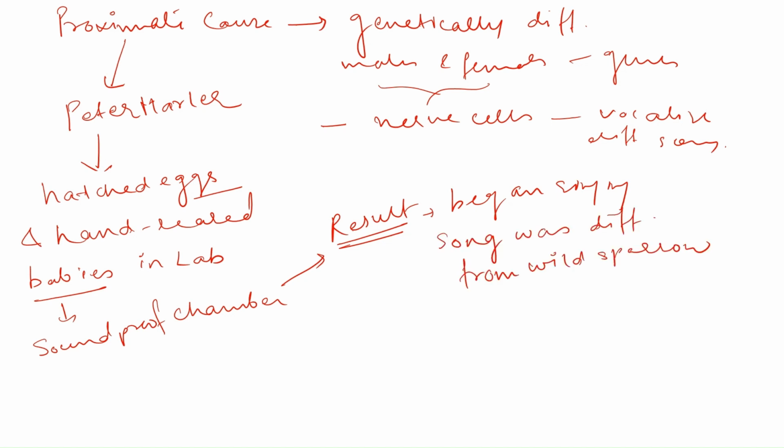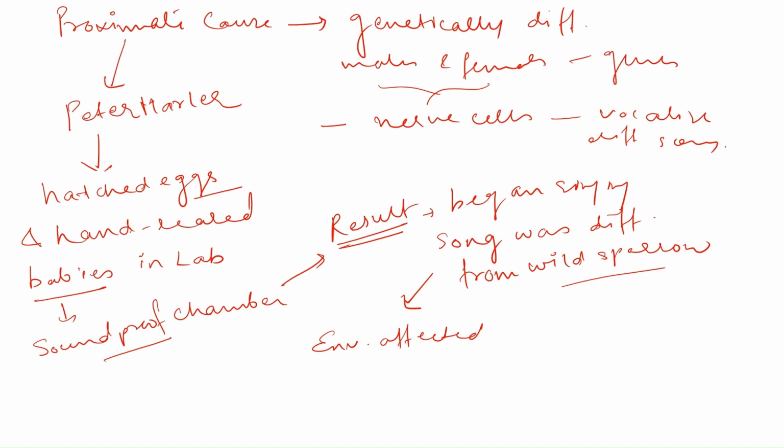From this experiment, what was concluded is that environment also has its effect. It's not only the genes that are responsible for singing, because if the gene were the sole responsible factor for the song, then even if the babies are reared in a soundproof chamber, they should be singing the same as the wild sparrow because they are carrying the same gene after all.